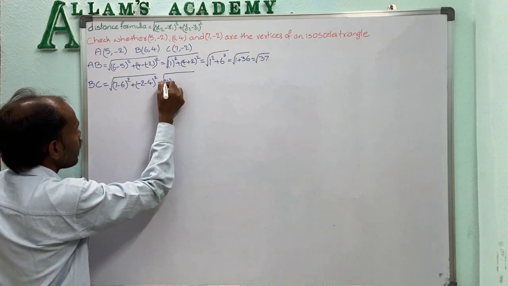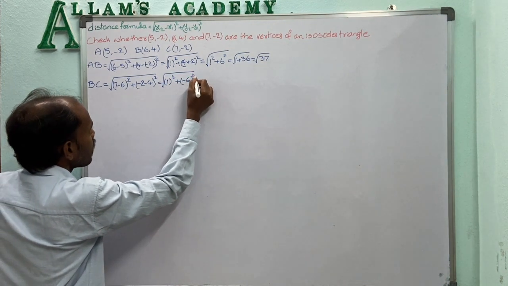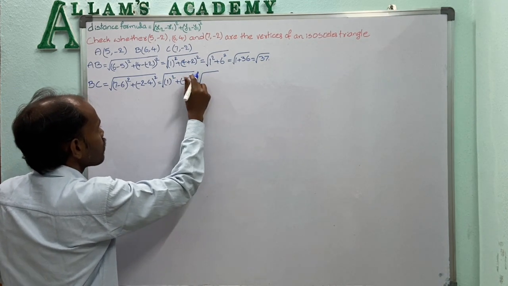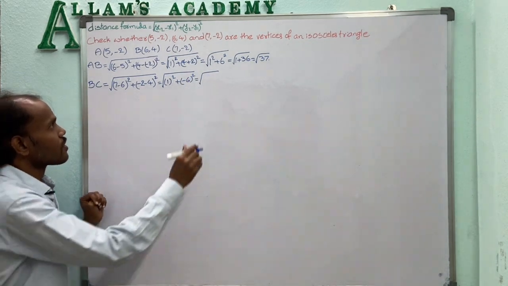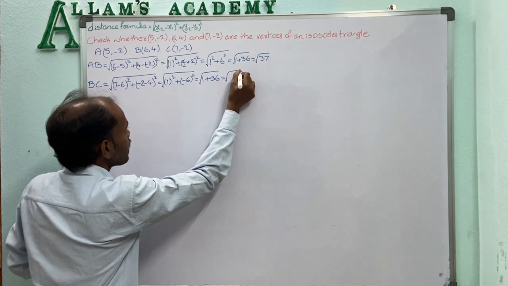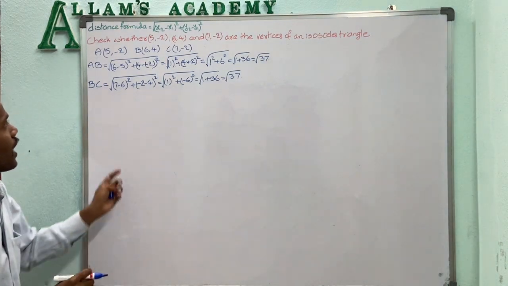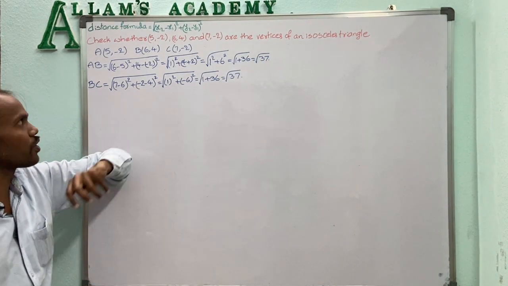So under root 1 square plus (minus 6) whole square. 1 square equals 1 and (minus 6) whole square equals 36. So under root 1 plus 36 is root 37. So the length of the side BC equals root 37.